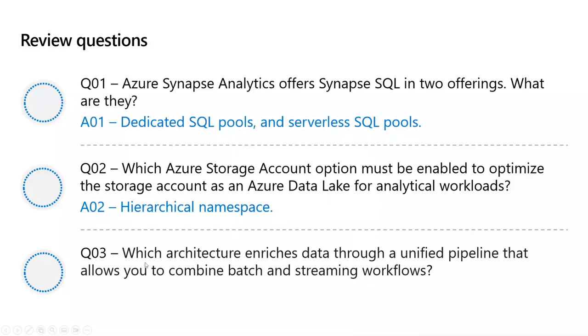And finally, which architecture enriches data through a unified pipeline that allows you to combine batch and streaming workflows? Remember this architecture I was talking about when there are two flows coming from batch and streaming, and then you're going to process them. And I see some answers here, many.